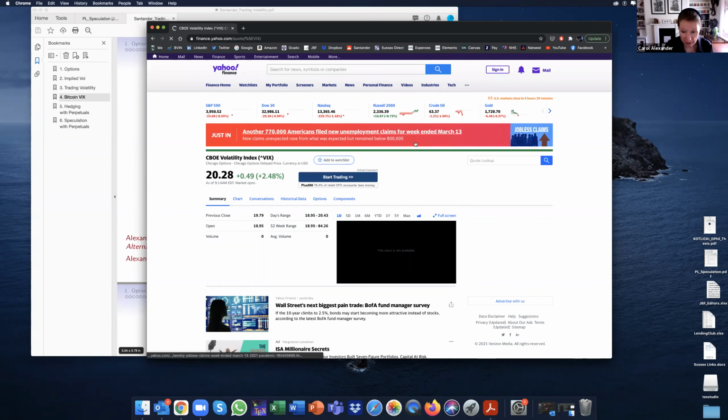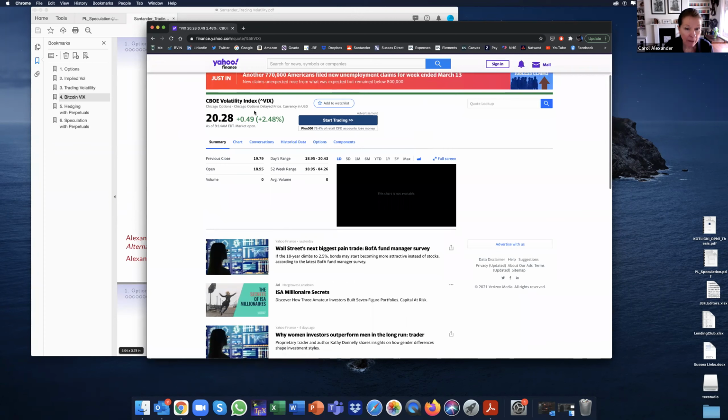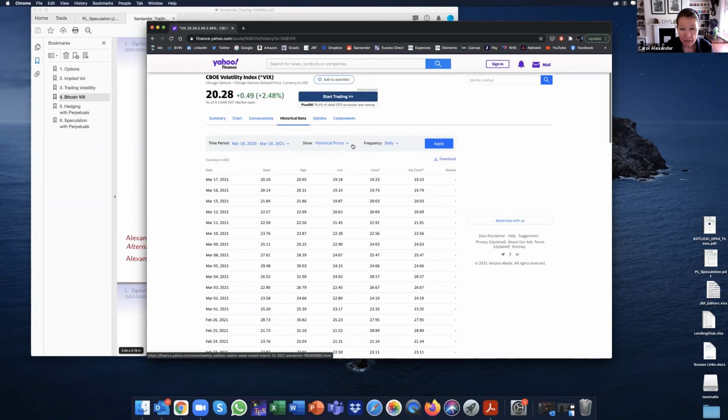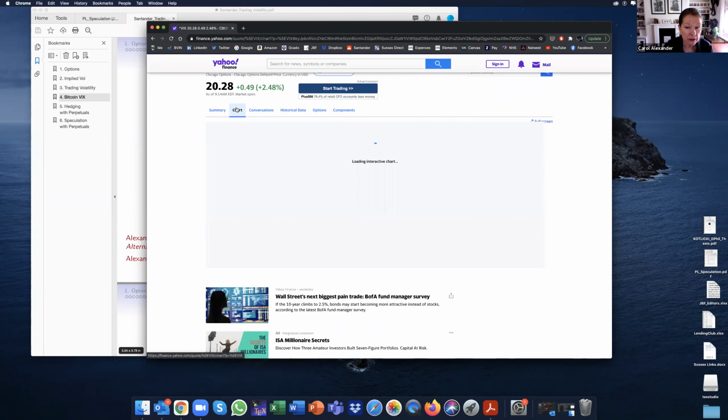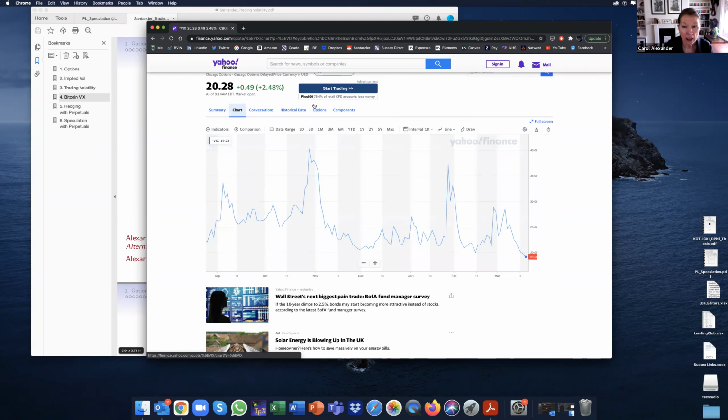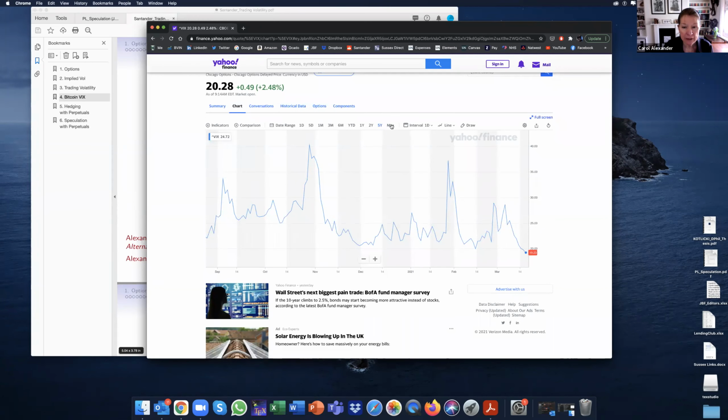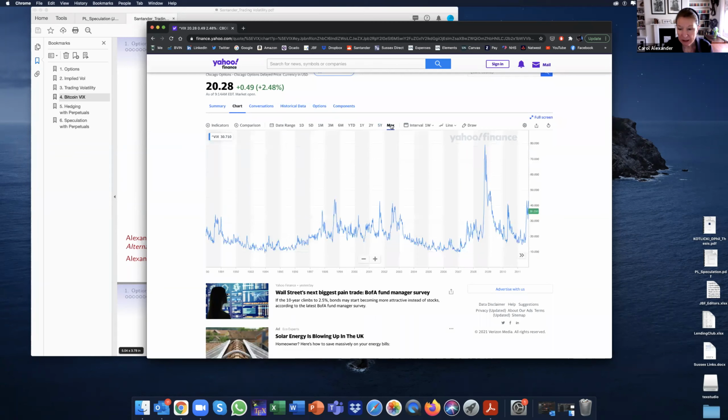So I presume this is summary, historical data. Let's look at a chart. Here we are. If I just go back, say 5 years, or the maximum, in fact, we could even do that. This is the 2008 crisis, where it went up to 80% briefly.